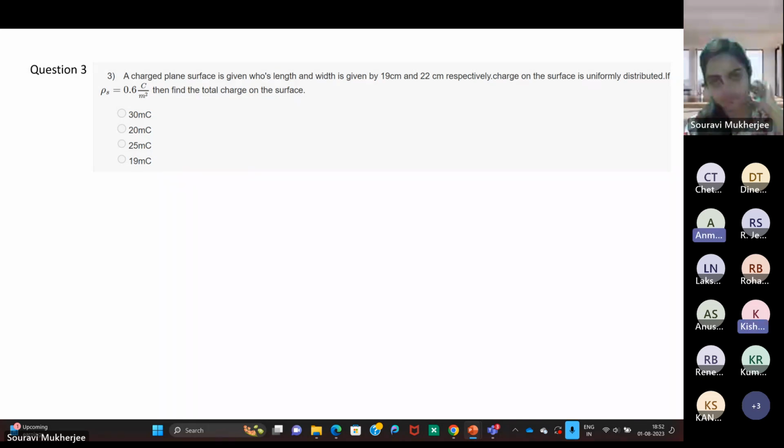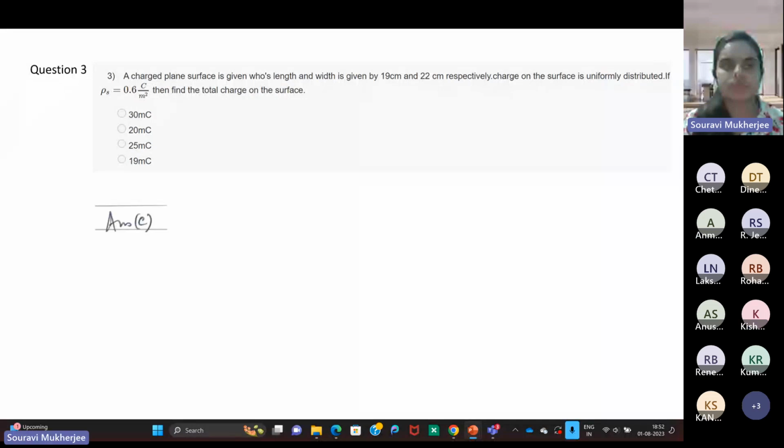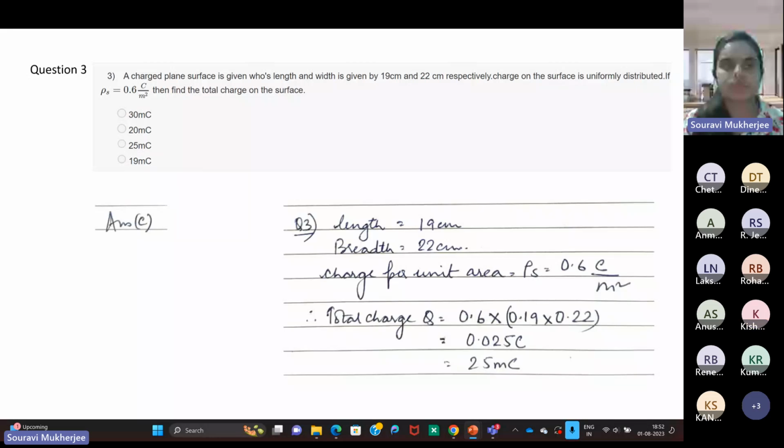Ma'am, we have the parameters of the surface, and we already know the charge density per square meter, and we'll multiply it with the whole area, and we'll get the total charge on the surface. Right. So what we do is something like this, right? So it comes out to be 25 millicoulomb. So this is your answer, right?